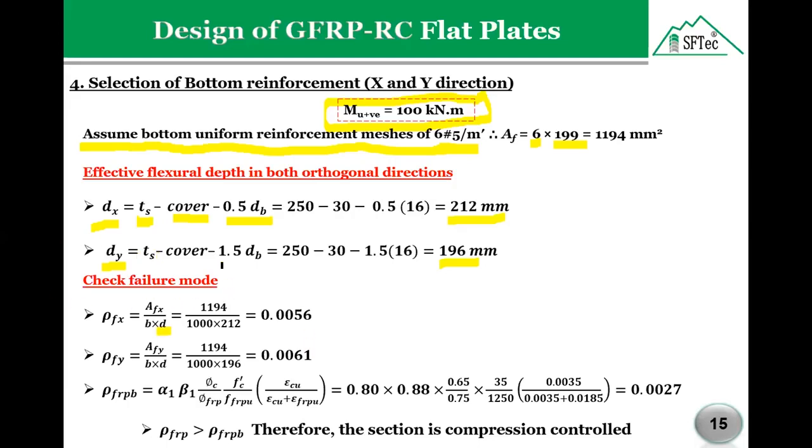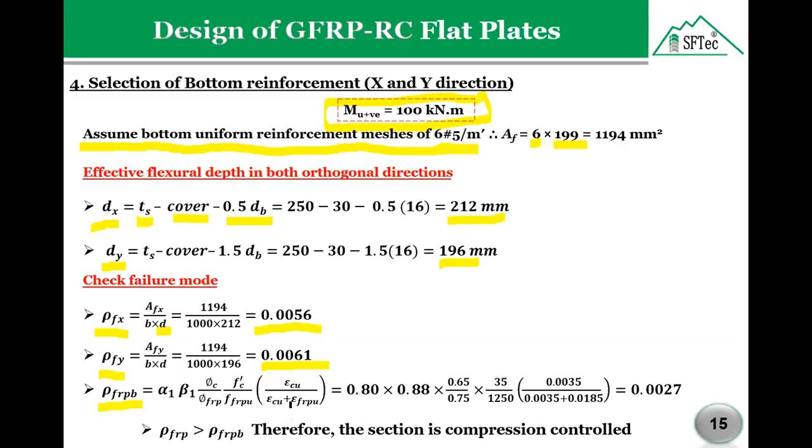So we are going to use this data in order to calculate the flexural reinforcement ratio in X and also in Y. The flexural reinforcement ratio here in X equals 0.0056 and in Y 0.0061. And in order to check the failure modes, we need to calculate the balanced flexural reinforcement ratio. And actually the balanced flexural reinforcement ratio, according to the Canadian code CSA S806, can be calculated using this equation.